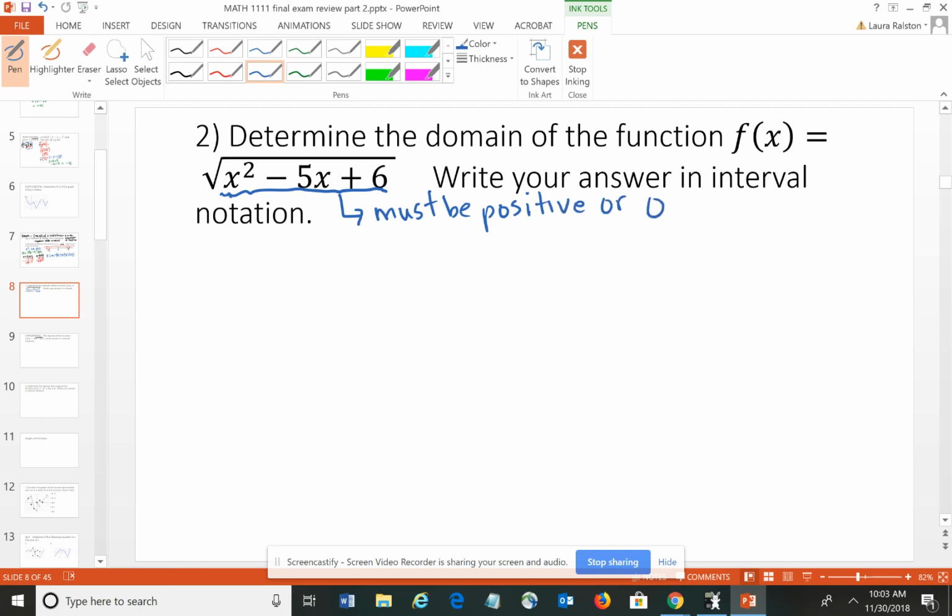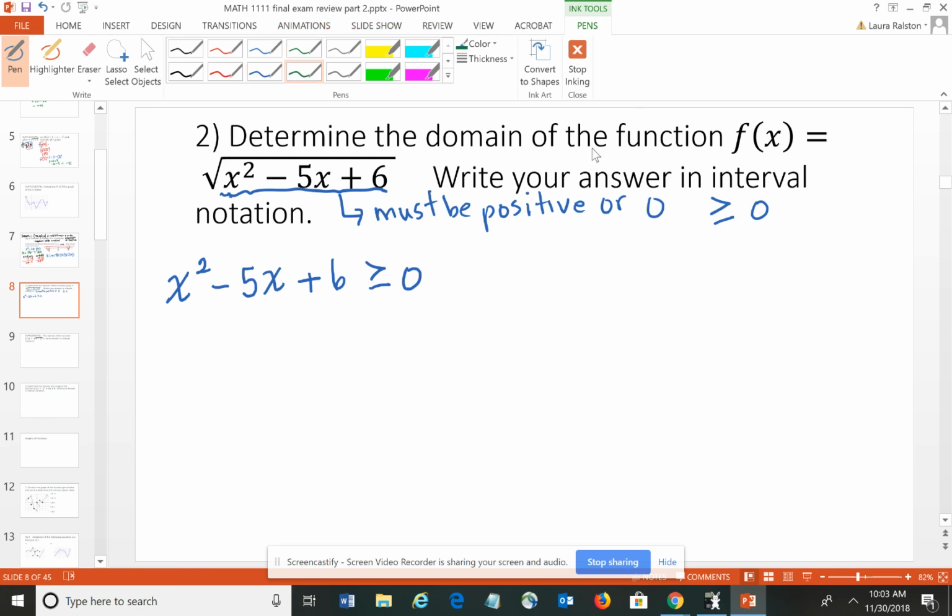So symbol-wise in mathematics, that means we're trying to say that it's greater than or equal to 0. So I take the inequality first off, and I want to fix it so that x squared minus 5x plus 6 will always be greater than or equal to 0.